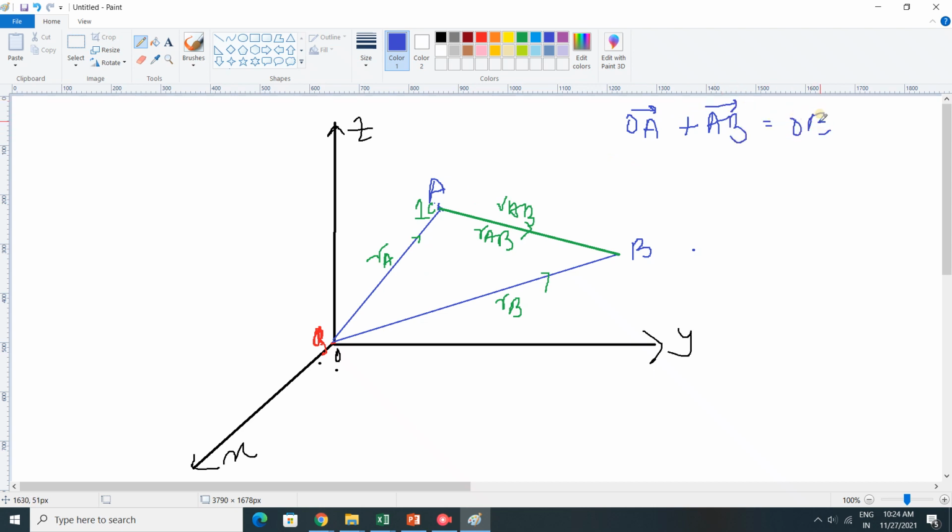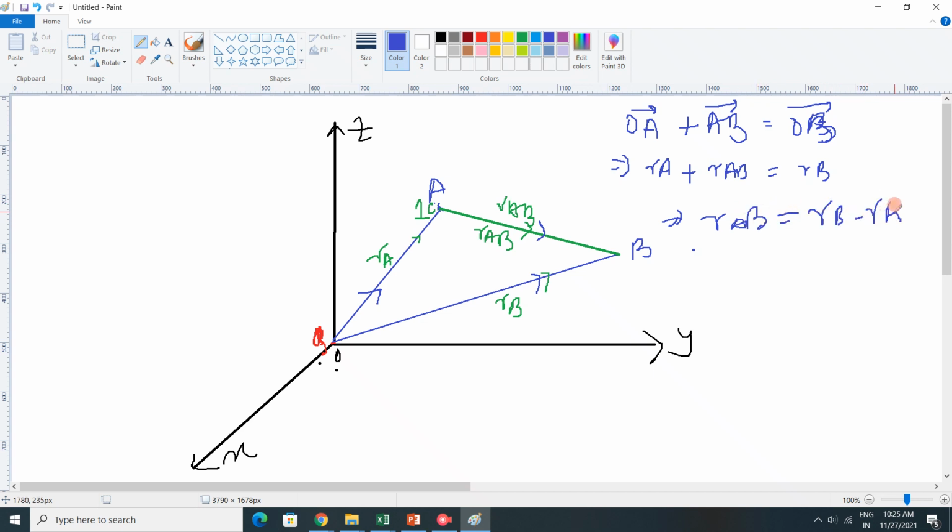So OA plus AB will give us OB. Do you agree? OA plus AB gives you OB. So what is OA? RA. This is RAB and this is RB.